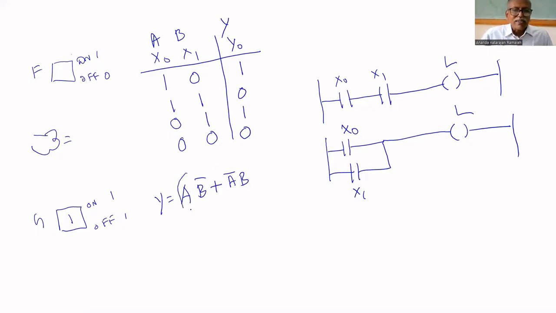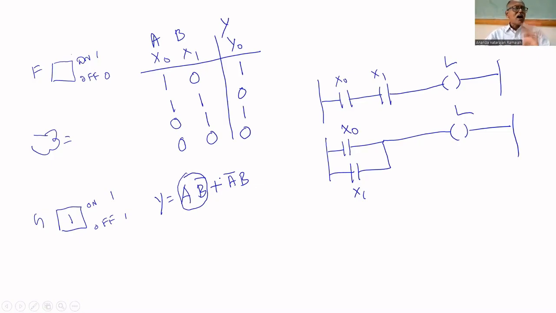These two terms are AND logic. A AND B bar means you have to use a normally closed contact. Bar means NOT gate, so if you use a normally closed contact, that's all.